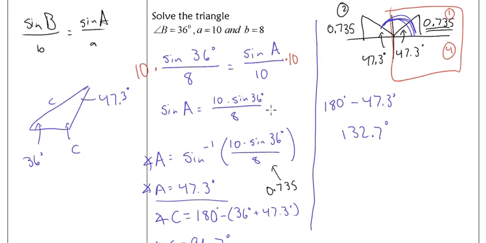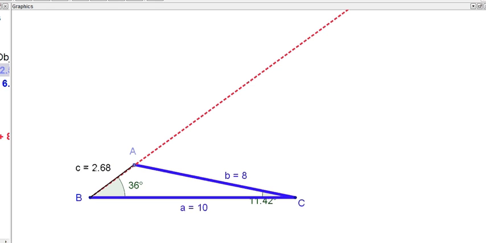The first one we found was when A was acute. Now we're finding when A is obtuse. Acute being less than 90 degrees and obtuse being more than 90 degrees. So now let's measure that angle. Oops, wrong side.